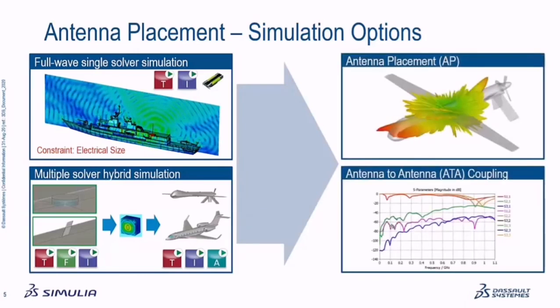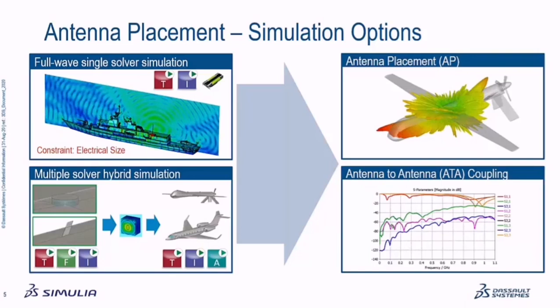Then the question is, what do we get from this simulation? So we are in general interested in antenna placement characteristics. So how will the antenna work in the environment later on? So if it is placed, for example, here on an aircraft or on a ship. And the other thing we are interested in is the antenna-to-antenna coupling, which is given by the S-parameter coupling matrix here in this case.